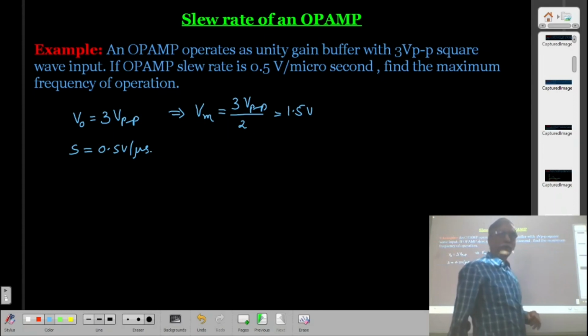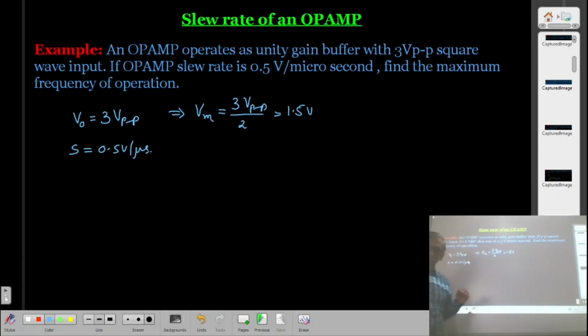Maximum frequency of operation means the operational amplifier will give you the undistorted signal. And that is given as, already we have seen, f is equal to S upon 2 pi Vm.